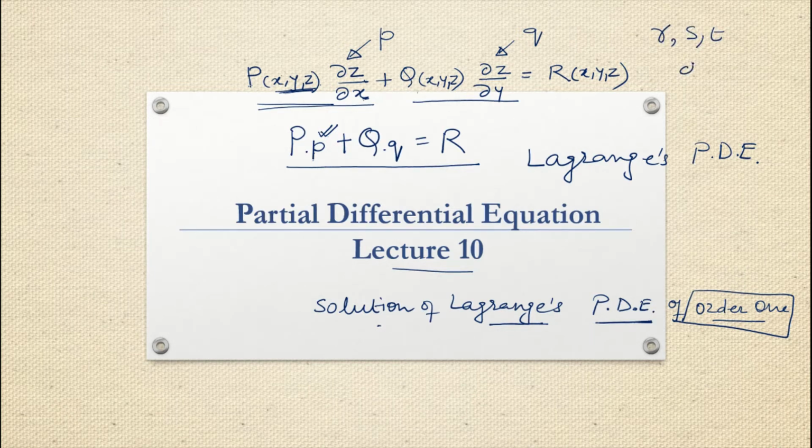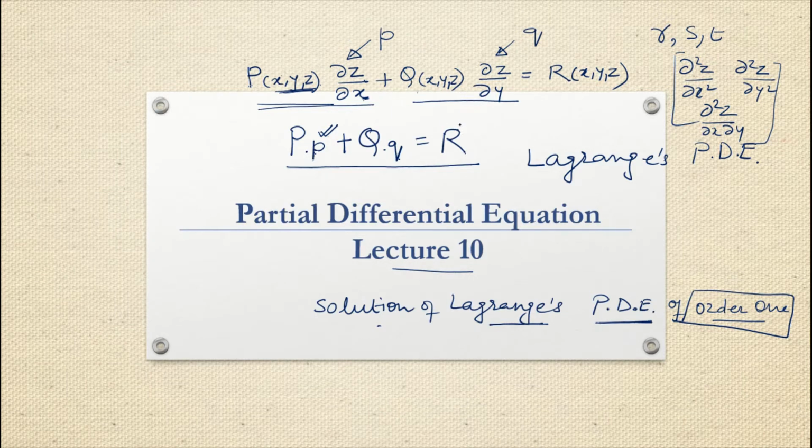We have seen those: del 2z by del x square, del 2z by del y square, or del 2z by del x del y. These things will not be seen in your equation. So we will have p and q on the left hand side, and the right hand side will not have any partial derivative.